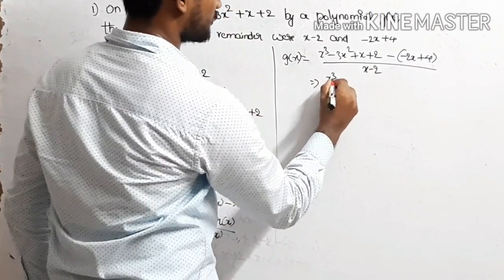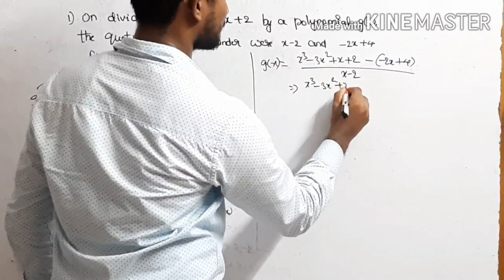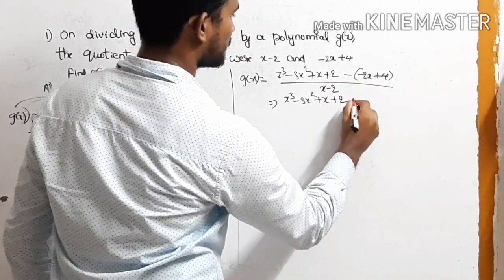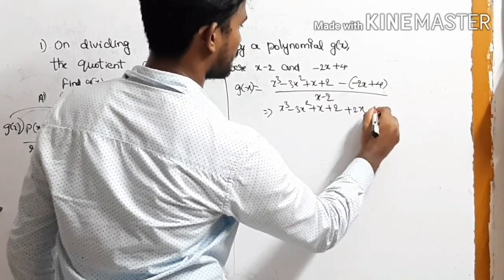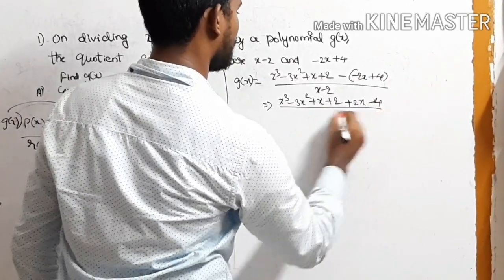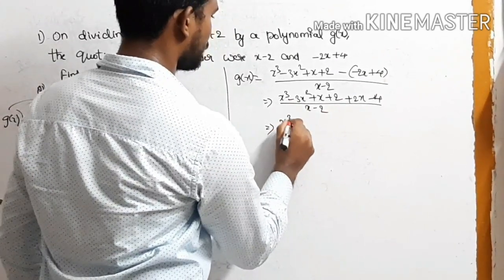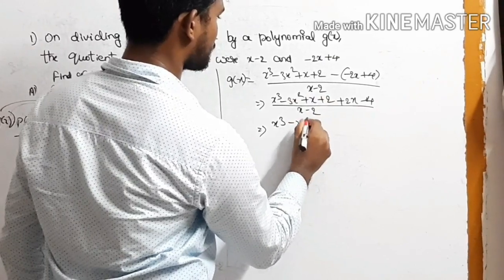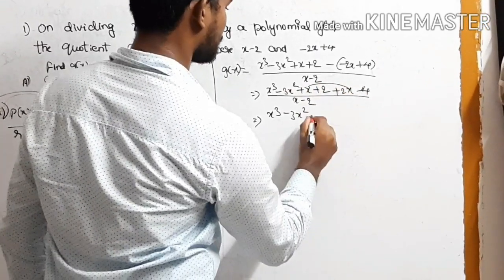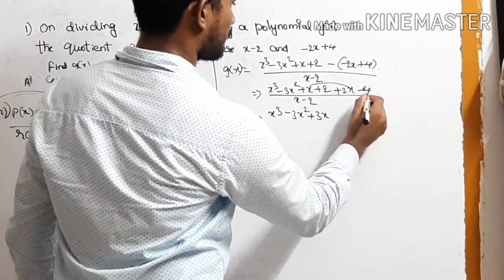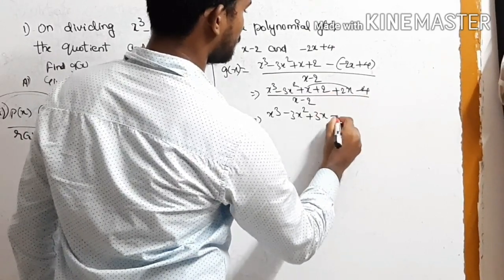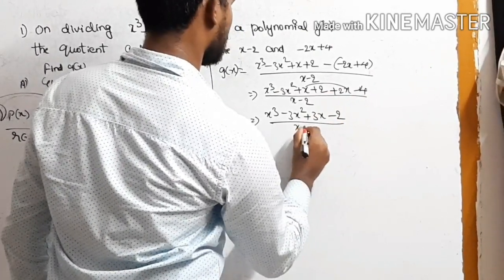Then x³ − 3x² + x + 2 minus into minus, plus 2x minus of −4, divided by x − 2. Then x³ − 3x², x plus x, it is 3x, −4 + 2, minus 2 by x − 2.